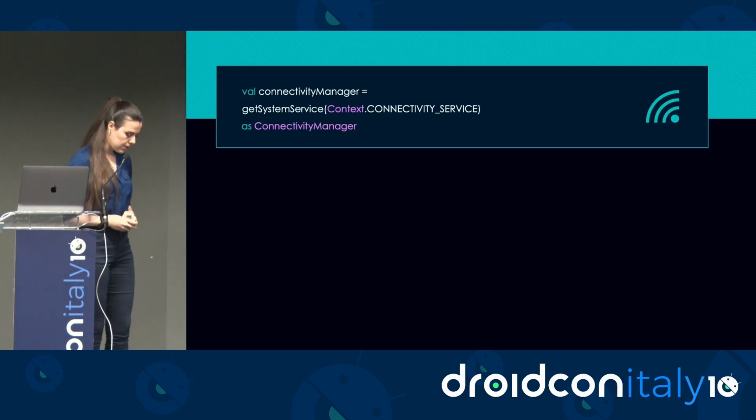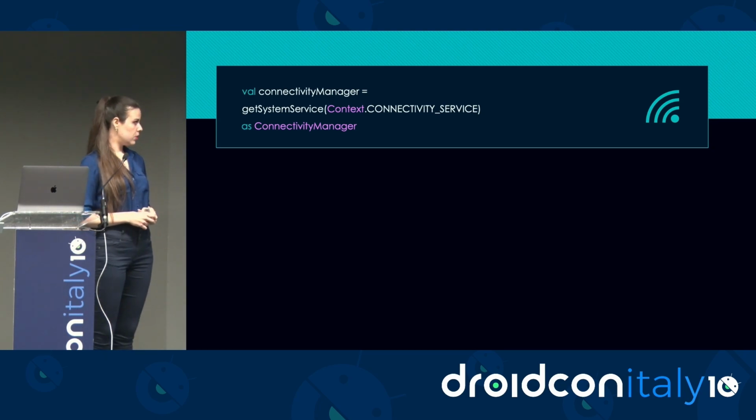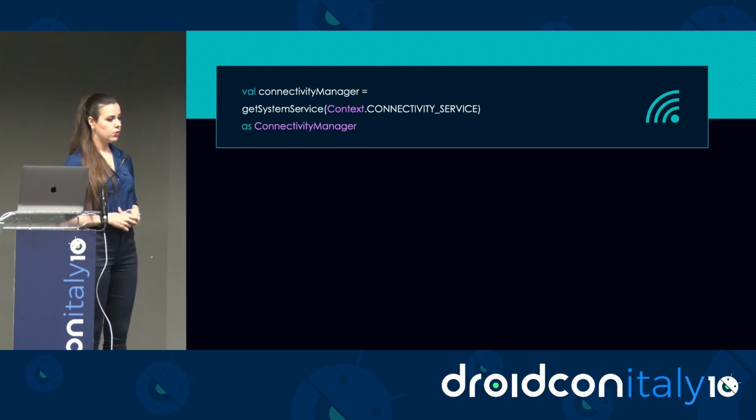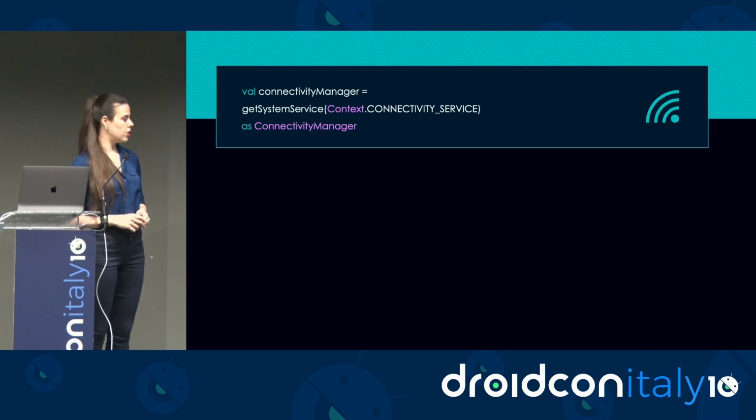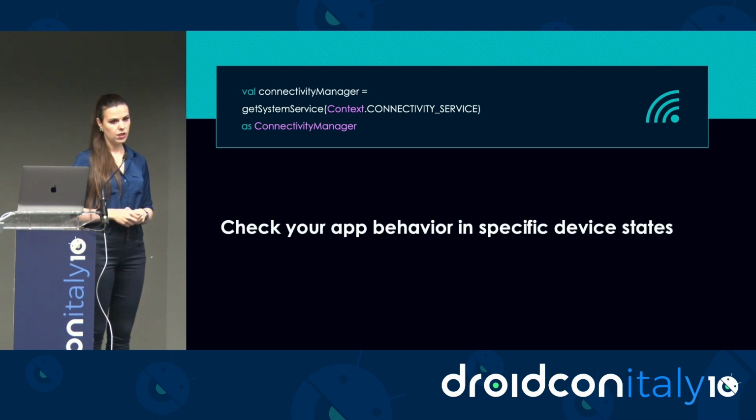Now that we're talking about stability, I put this code here because even if you worked with Android for a while, you for sure have written or seen this code at least once, because it's the connectivity manager that gives us all information about the device connections. And so basically, this is a great introduction into my next point, which is that we should always check how our app behaves in a specific device state, like no internet connection, airplane mode, right?